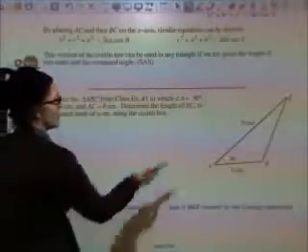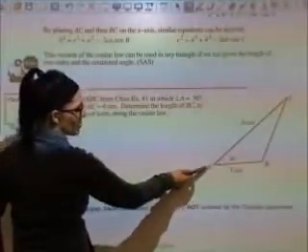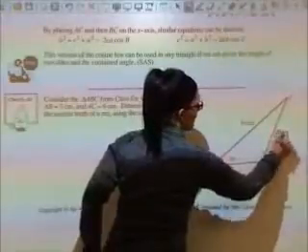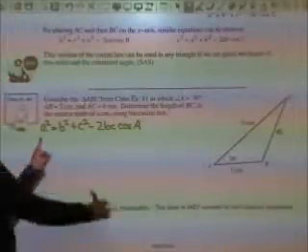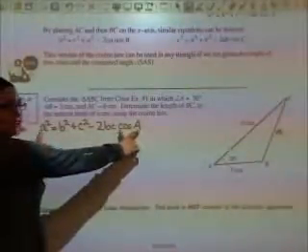So let's look at the first class example again. So I'm trying to find this side length, side A. So my formula would be A squared equals B squared plus C squared minus 2BC cos A. Remember, the side and the angle have this relationship.